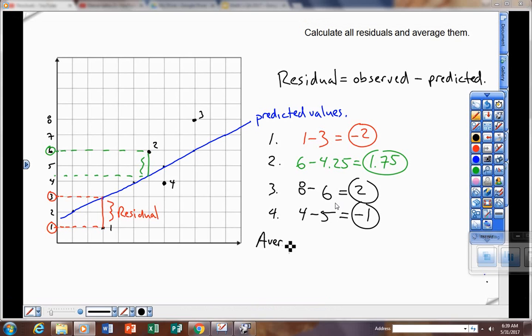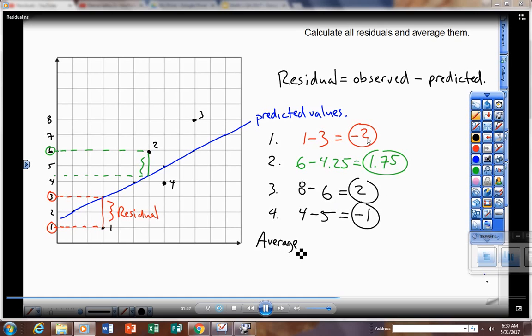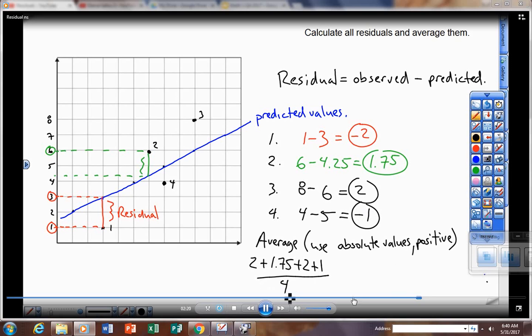When I have you average these, don't take into consideration the negative. Use the absolute value of these, which are always the positive values. So when you're averaging, use all positive numbers. Don't add these negatives in there. So when I average them, I'm going to add all 4 values up. So I got 2, positive 2, make that absolute value, plus 1.75 plus 2 plus positive 1, again use absolute value, divided by 4.